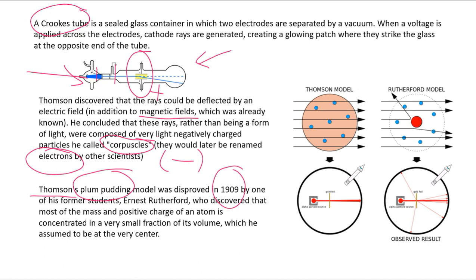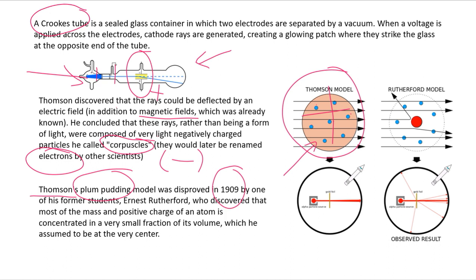This model established that the whole atom was a positive mass, and in there you can observe the blue spots that represent the electrons in this positive mass. Well, he was not right.